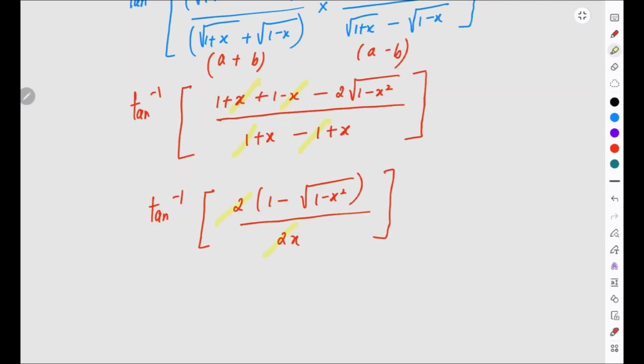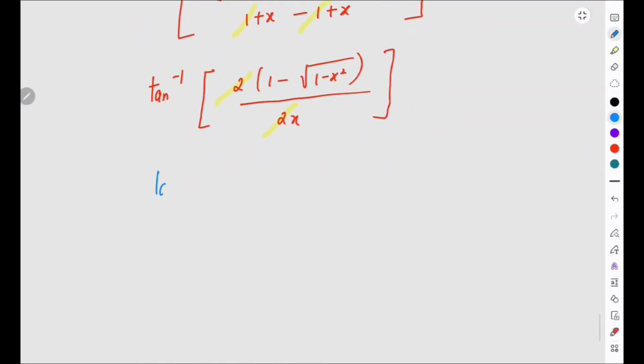Now we have to think for what we can give for x. So tan inverse of 1 minus, see, this root of 1 minus x square can be put as root of 1 minus sine square theta divided by sine theta.